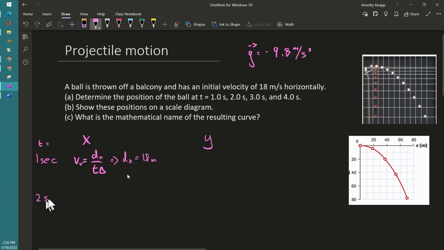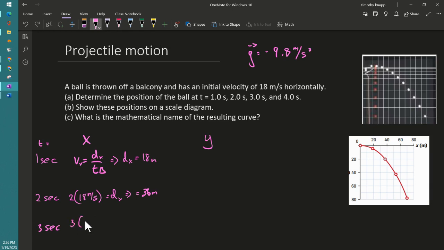When t equals 2 seconds, I'm going to use the same formula. It's just going to be 18 meters per second times 2 seconds, and that's going to be my distance traveled for 2 seconds, which is 18 times 2, which is 36. And then for 3 seconds, I think you're going to catch the issue here.